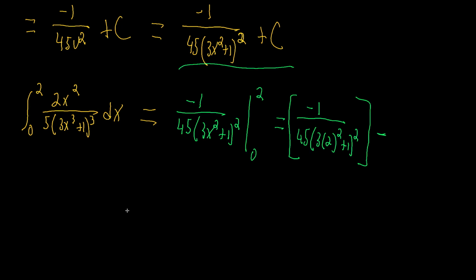Minus this thing right here, the integral, with 0 plugged in. That's always how it works. Just look back in your notes. So it'll be minus the exact same thing, except instead of plugging in 2, you plug in 0. 45 times (3 times 0 squared plus 1) squared.